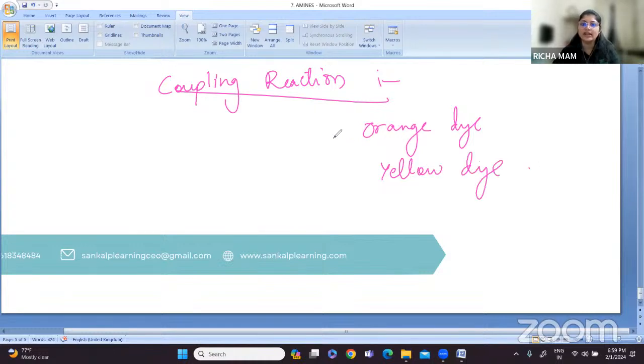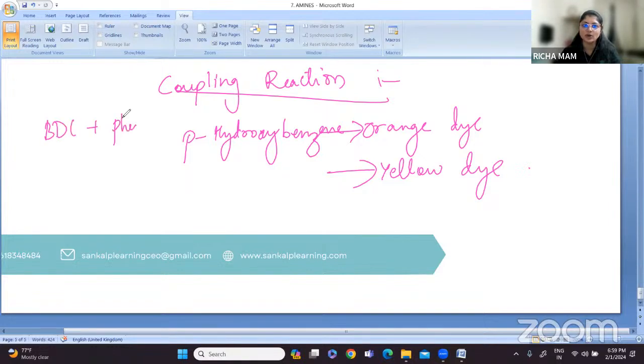Benzene diazonium chloride, when it reacts with phenol, forms para-hydroxyazobenzene, which is the orange dye.